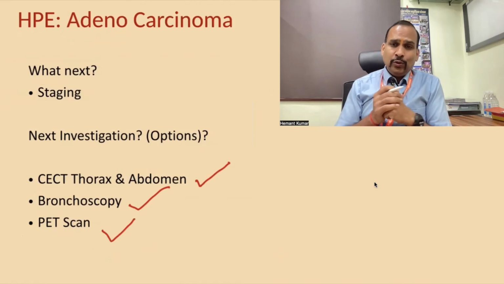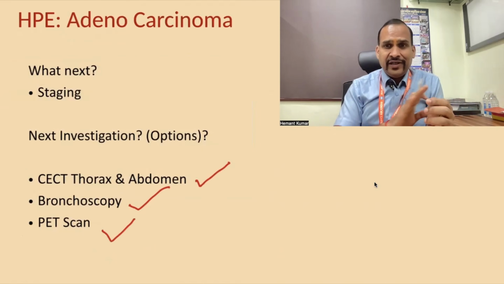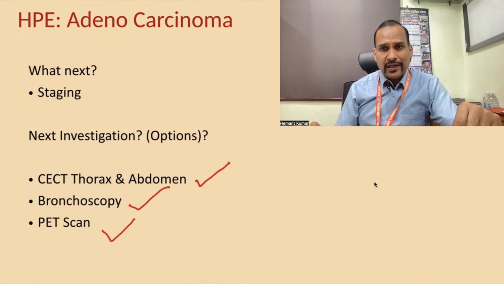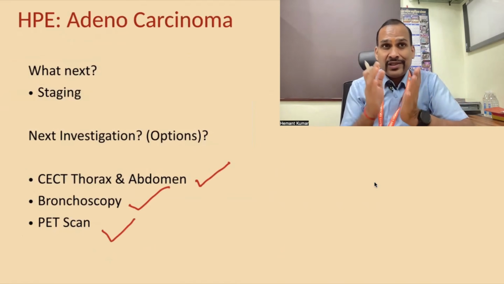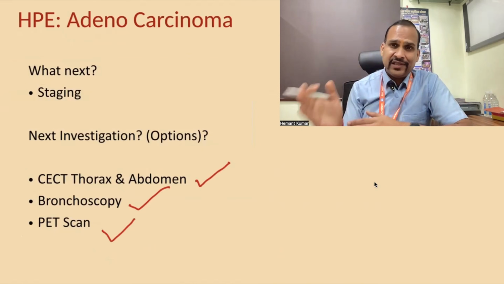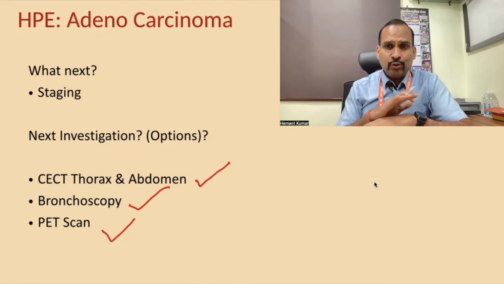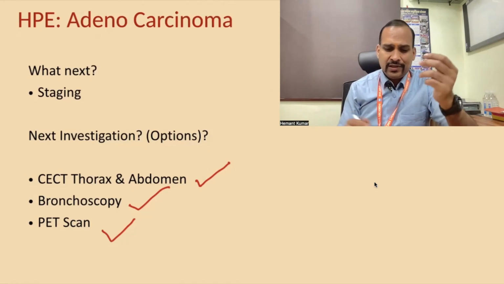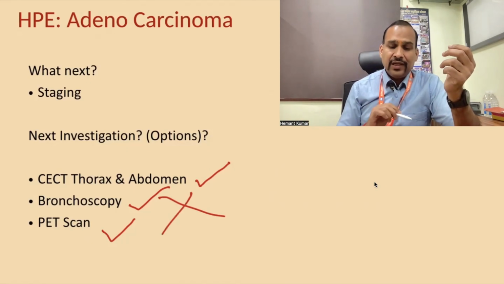Okay. So bronchoscopy is definitely not required, because once you have diagnosed adenocarcinoma and your tumor size is more than 7 centimeters, there is no need to do bronchoscopy, because we have already diagnosed it.